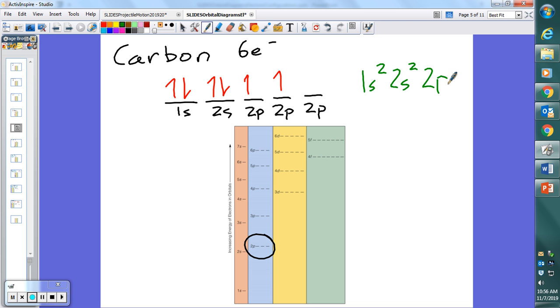Here, we write them all together. So we're only going to write 2p one time, but then how many electrons total are there within all of the 2p orbitals? 2. So carbon is 1s2, 2s2, 2p2.